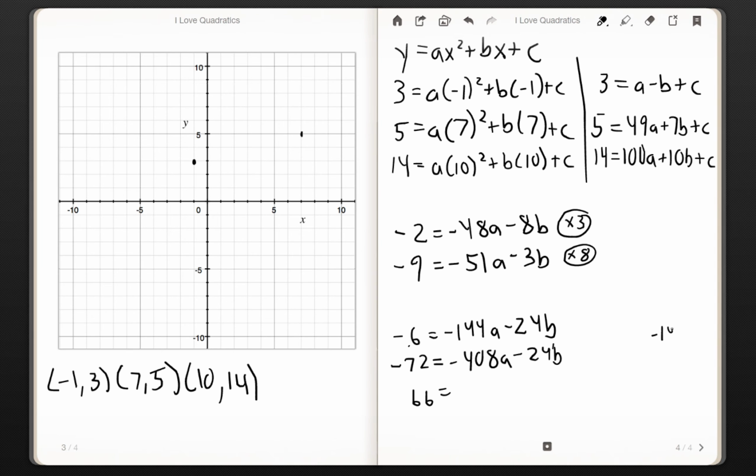It's a little tricky to do in your head. Let's see. Negative 144 plus 408 is the same as 408 minus 144. We just flipped it around. Do a little quick subtraction there. Okay, so we're going to get 264a.